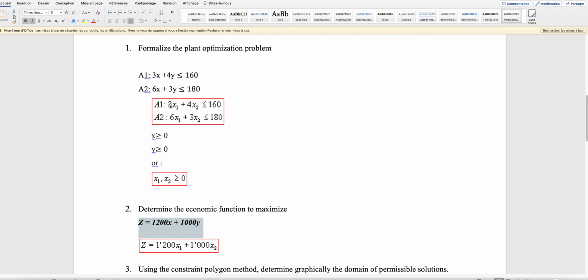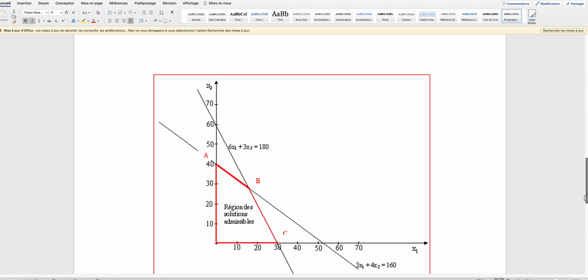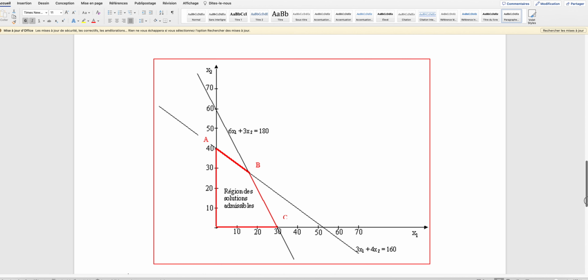So we are going to write the inequation as an equation. We equalize 3x1 plus 4x2 with 160. With this equation, we draw the line.